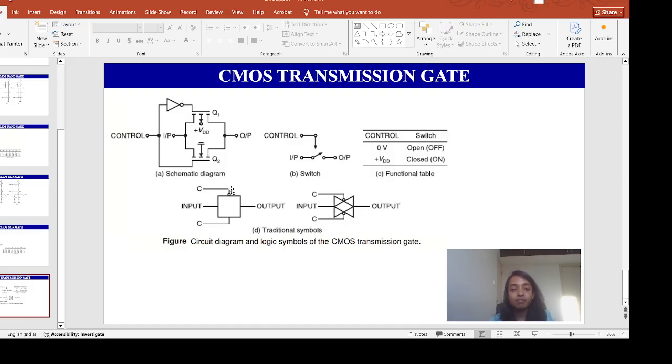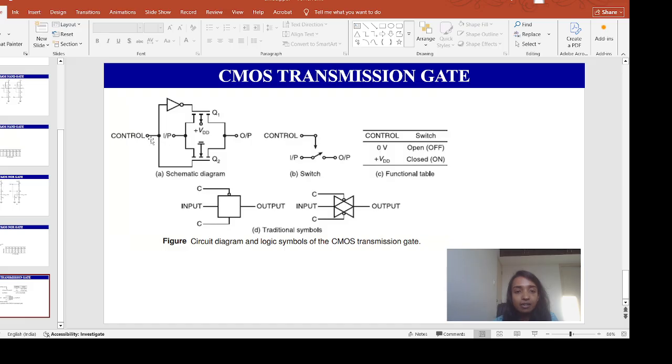This figure shows the schematic diagram and the logic symbols of the CMOS transmission gate. Here the PMOS and NMOS transistors are connected in parallel, so both polarities of the input voltages can be switched.